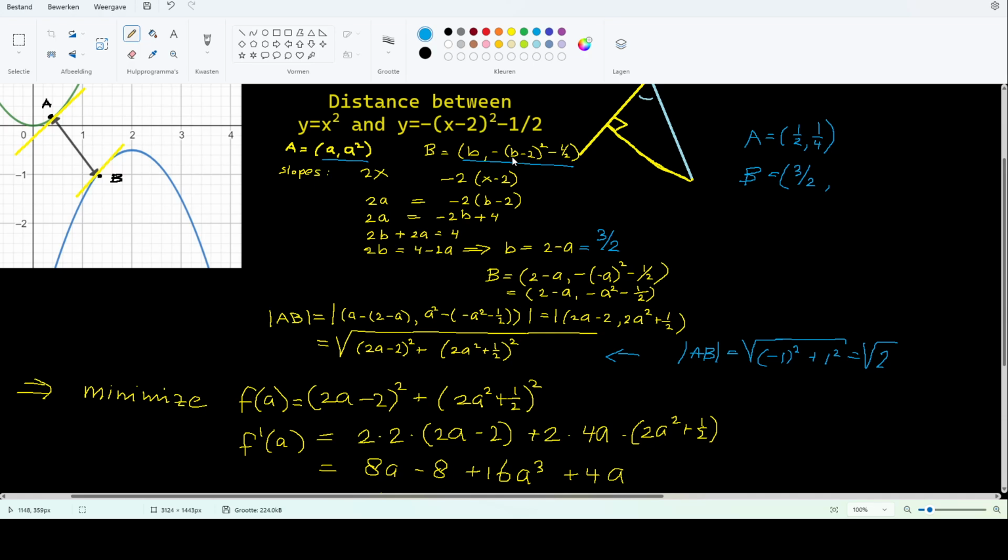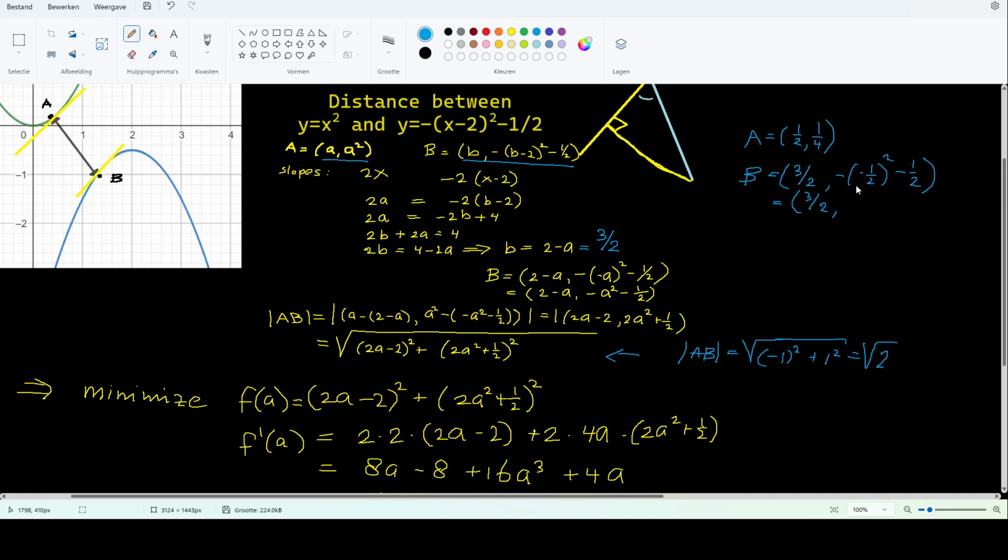And here you have this b is b minus 2. 3/2 minus 2. So that's minus 1/2. We square it, minus 1/2. So a slight calculation will yield the result. This is 3/2.